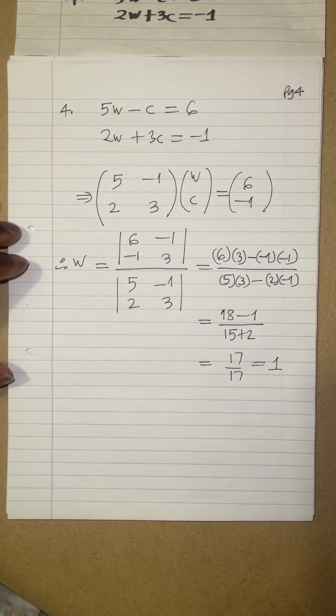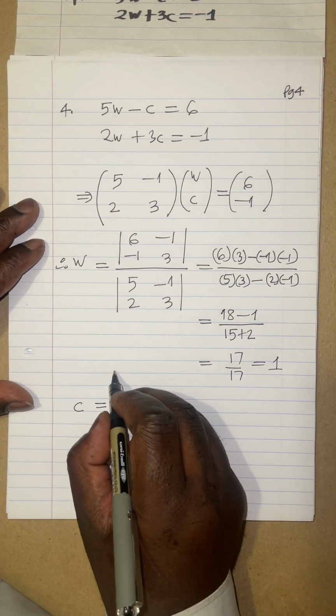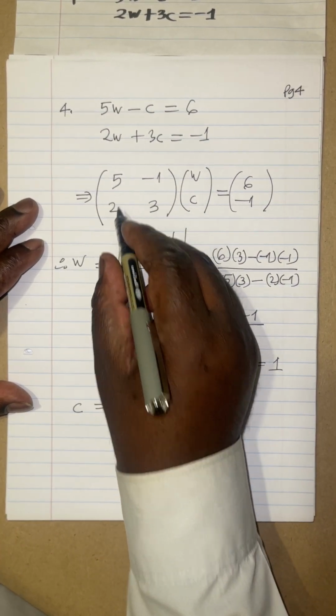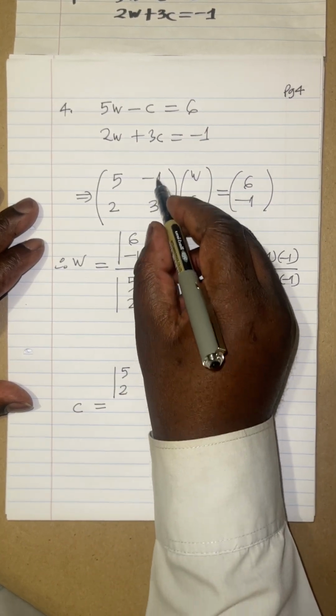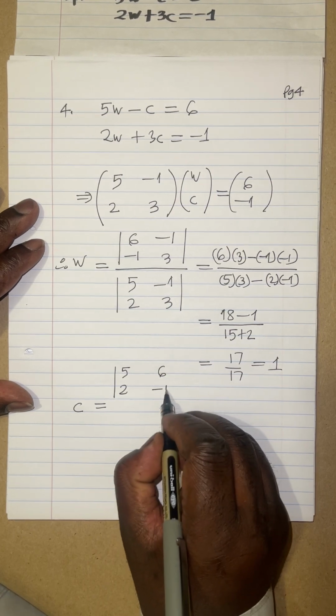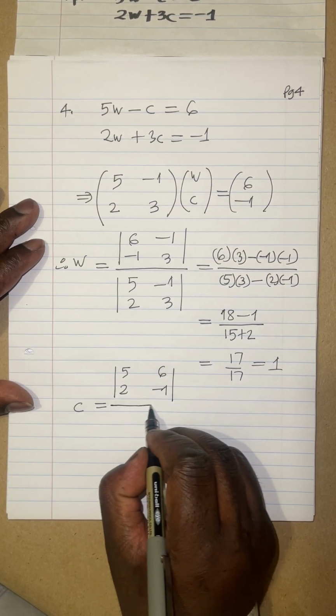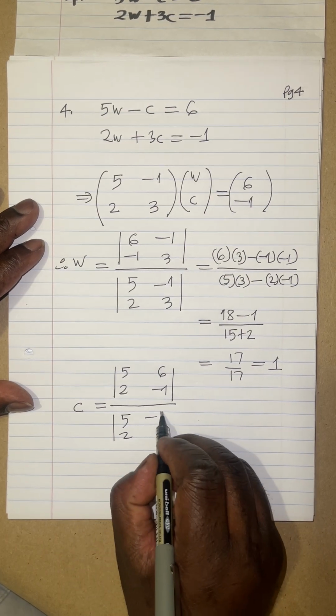Now let's work out the value of c. The value of c is going to be equal to, watch this, the coefficients of w must stay now, but the coefficients of c must go. We replace them with those numbers on the right hand side there, and we're dividing this by the determinant of the coefficient matrix, which is 5, 2, minus 1, 3.